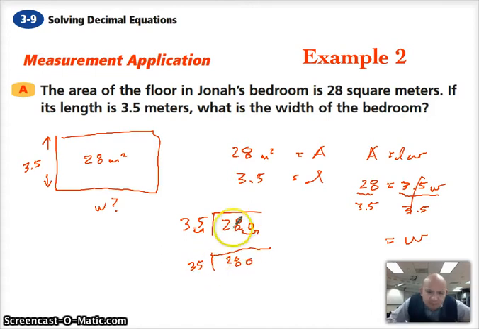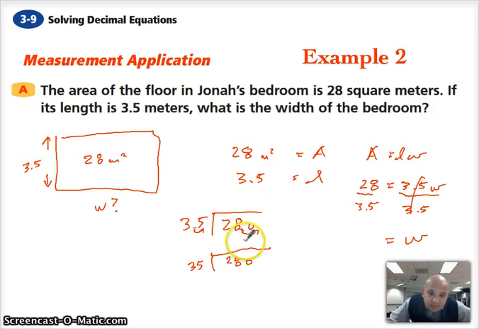So let's give it a go. Let's try 6. If I try 6, I get 6 times 5 is 30. Great, I got a 0 there. That's a good start. 6 times 3 is 18 plus 3 is 21, and that's not going to get me close enough. So let's try another number.